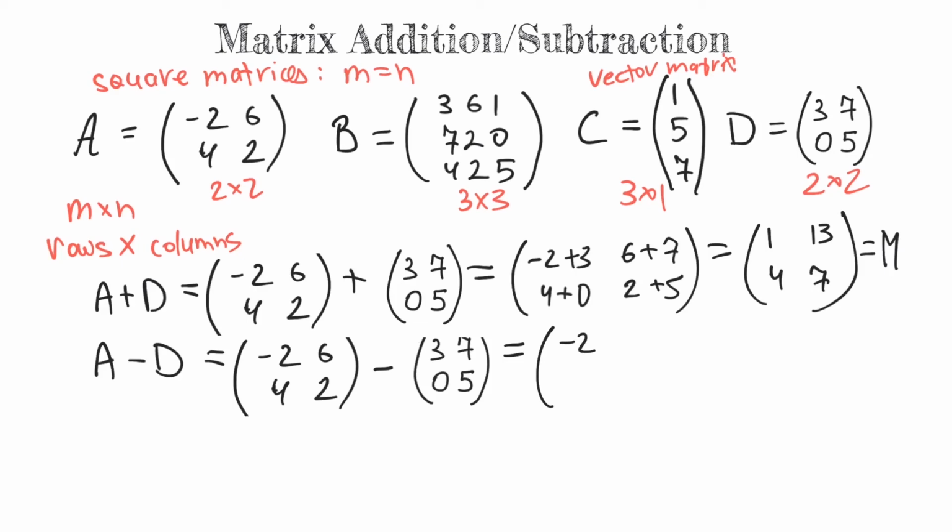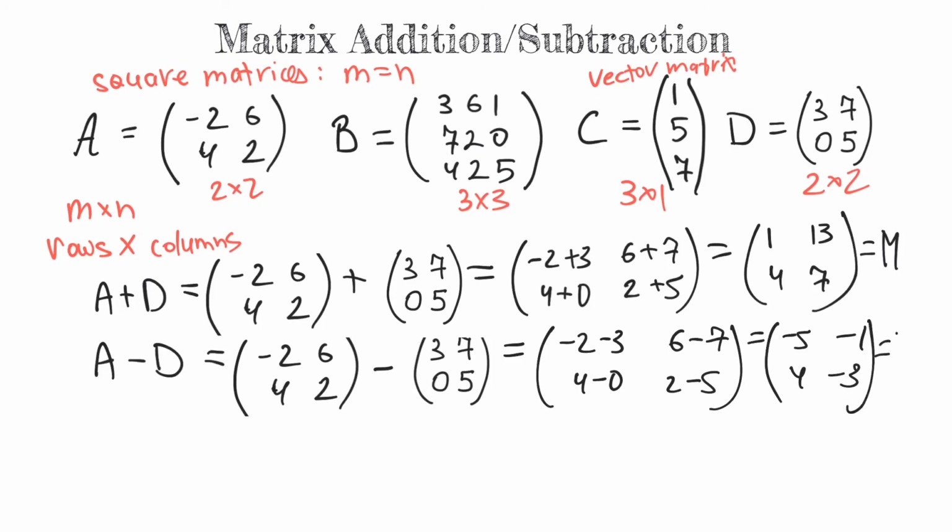Be careful with the negatives here: -2 minus 3, 6 minus 7, 4 minus 0, and 2 minus 5. And that gives us a 2 by 2 matrix, where the first element is -5, second -1, third 4, and lastly -3. We'll call it matrix N.